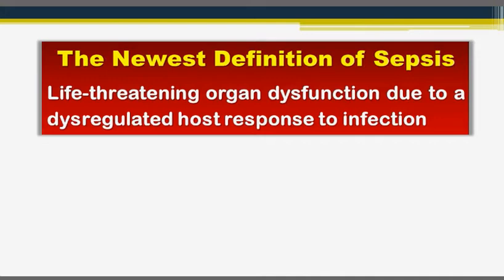According to the third international consensus definition for sepsis and septic shock, which is called the Sepsis 3, published in February 2016, it is simply summarized to be the life-threatening organ dysfunction due to a dysregulated host response to infection. So with infection, if the response is dysregulated, it will lead to life-threatening organ dysfunction.